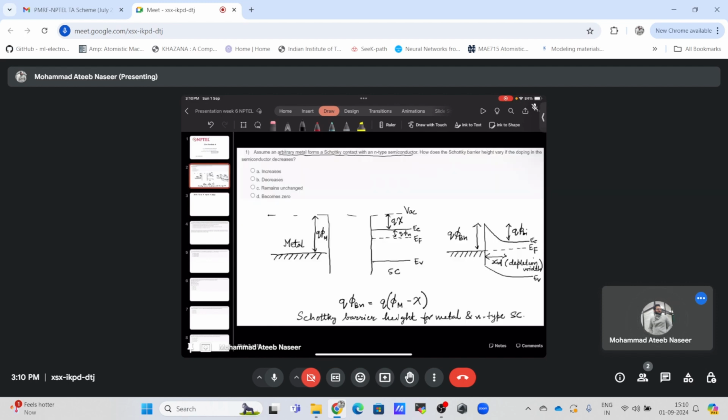It was asked how the Schottky barrier height varies if the doping in the semiconductor decreases.